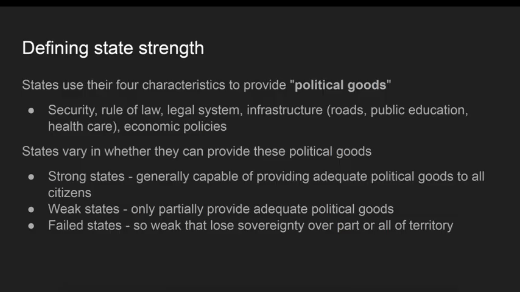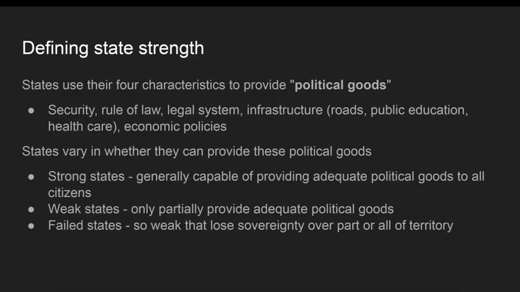As citizens of a state, we expect that the state will defend us from both internal and external threats. We expect that the state will provide a rule of law, a legal system, roads, schools. Some modern states provide public health care for their citizens, others do not. It might be economic policies, right? But these are political goods that we expect the modern state to provide.